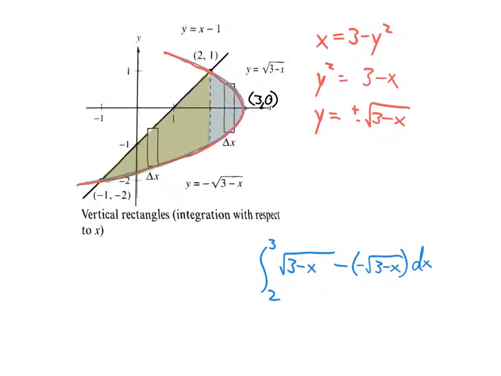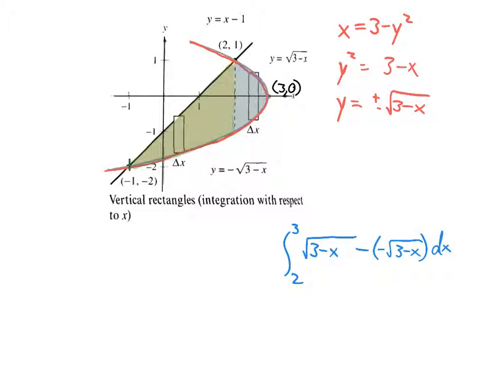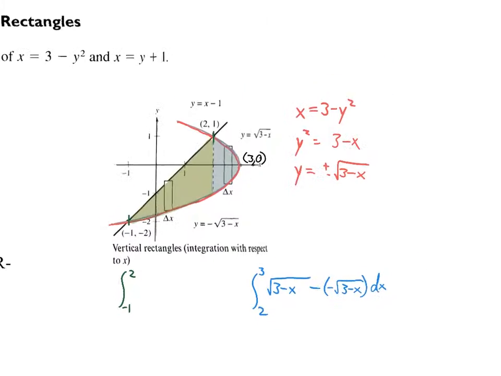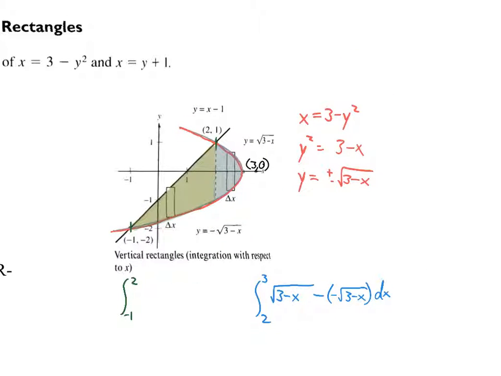So for that part, I would have to go from this negative 1 over to 2. So the integral from negative 1 to 2 of the line y equals x minus 1. I'd have to rewrite this as y equals x minus 1.